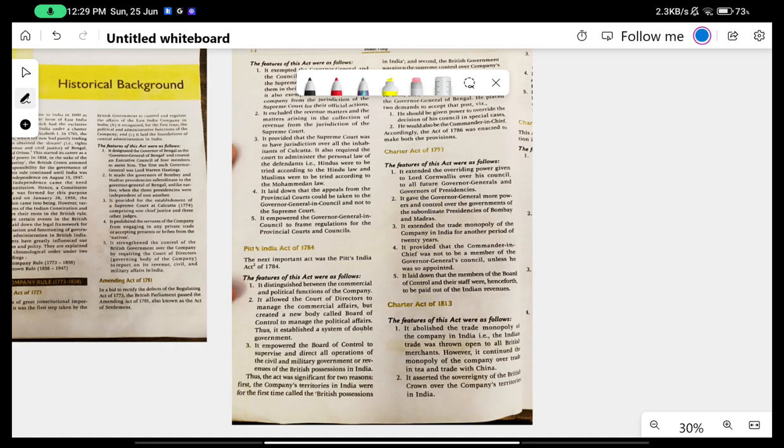The company's territories in India were called British possessions in India. So slowly the British government is taking over control of India from the company. Now Britain sees that we can't give a whole country to the company, right? The country needs to be governed by us and not by this company.